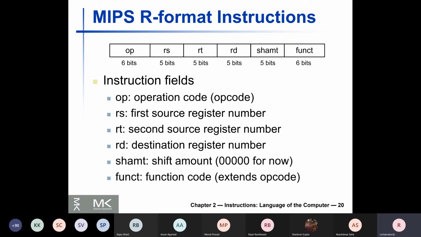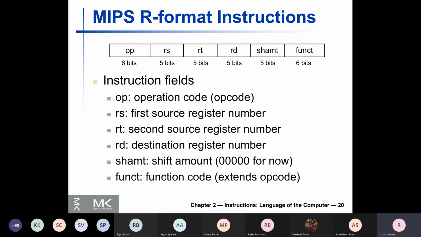In the MIPS R format instructions, the leftmost 6 bits denote the opcode. The next 5 bits denote the first source register. The next 5 bits denote the second source register. RS and RT denote the source registers.